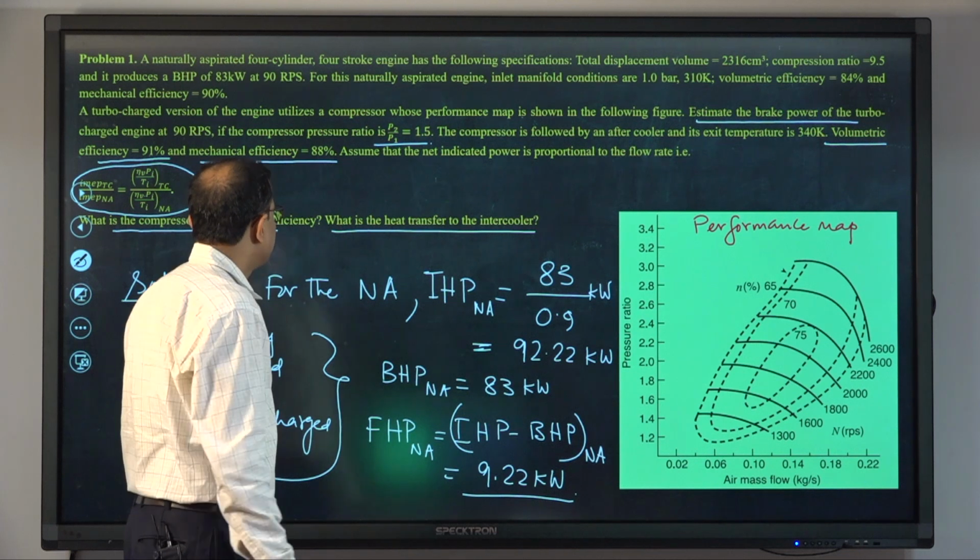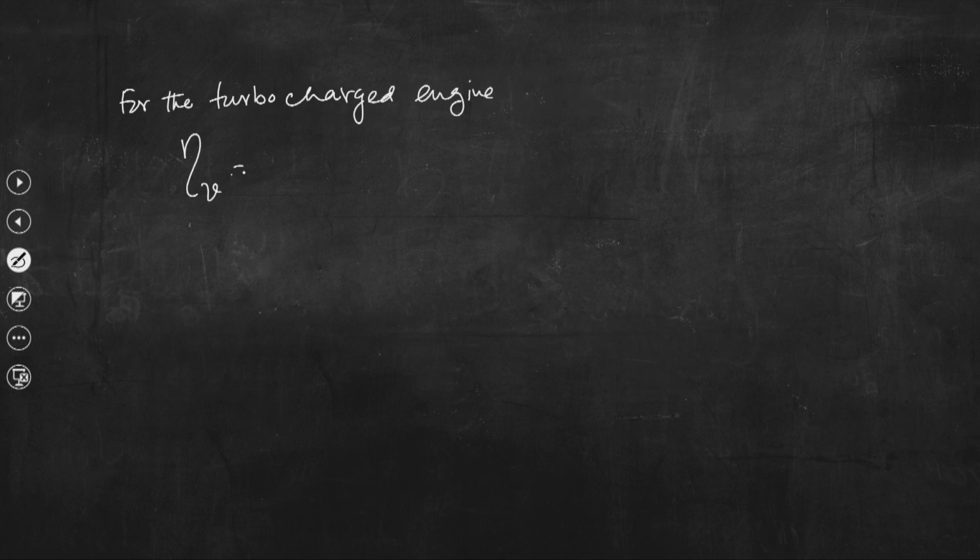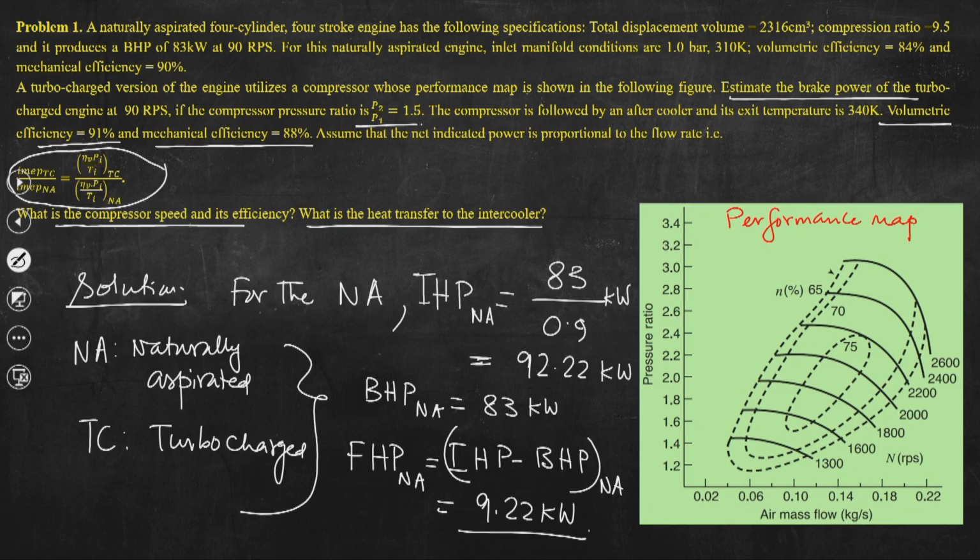Fine. So, if we go to the next slide, then we can write for the turbocharged engine volumetric efficiency is 91%, that is 0.91, okay, and this inlet pressure we need to know from the problem statement itself.